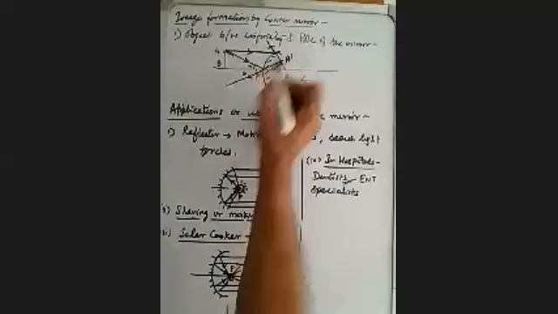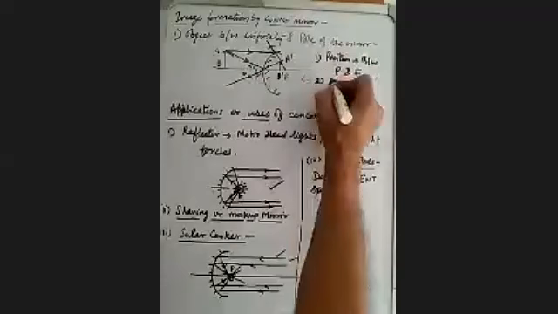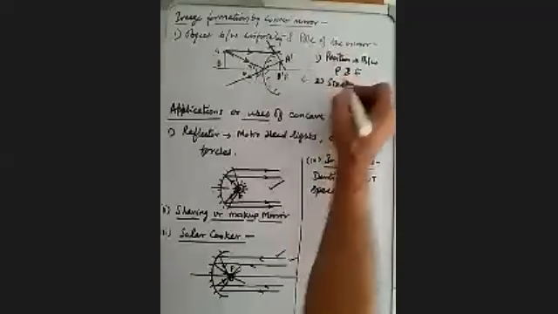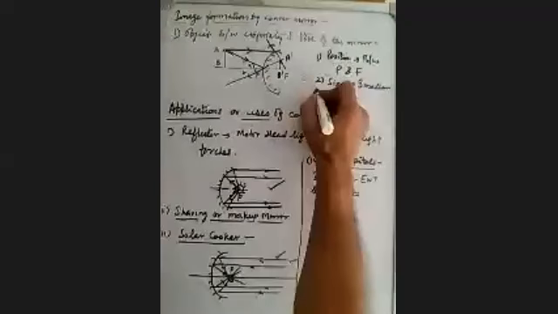So what kind of image do we get? The position of the image is between the pole and the principal focus, between P and F. The size of the image is smaller, or diminished.